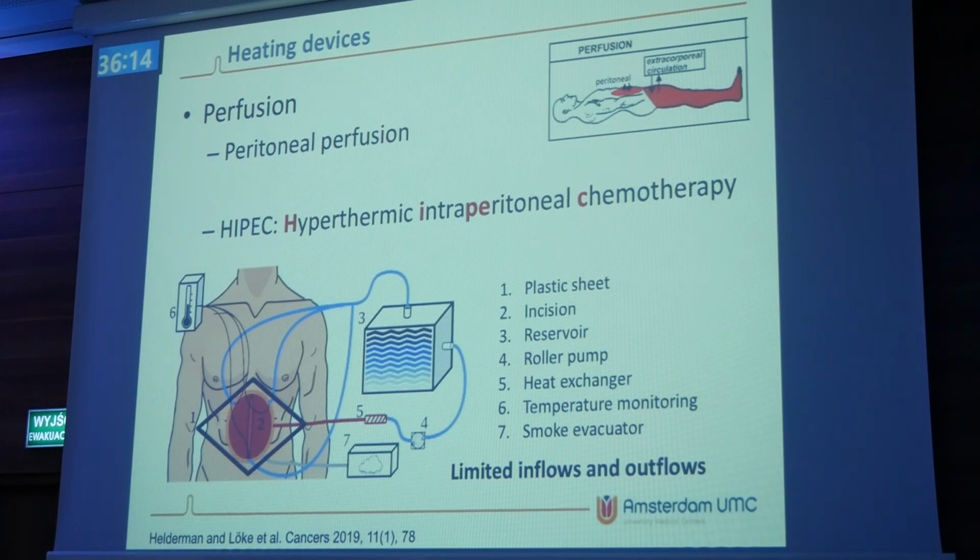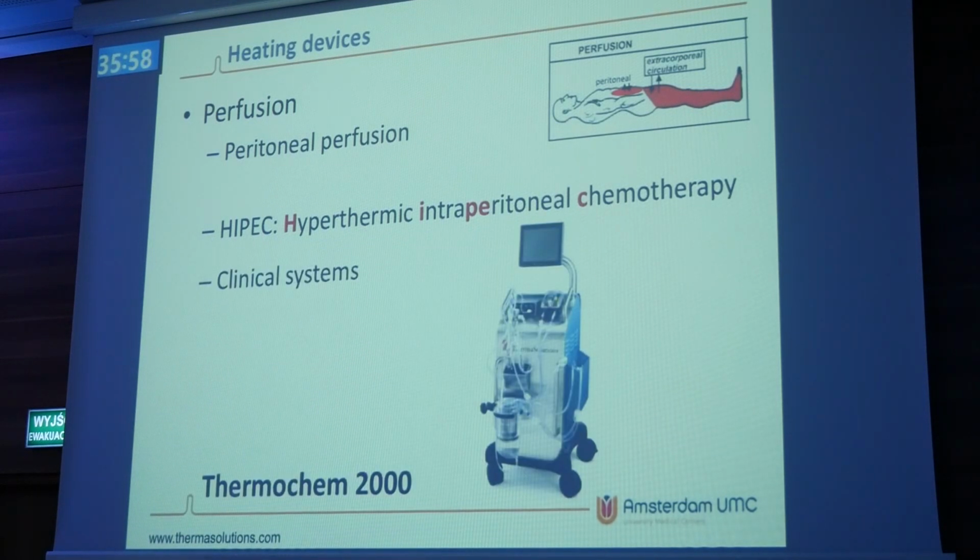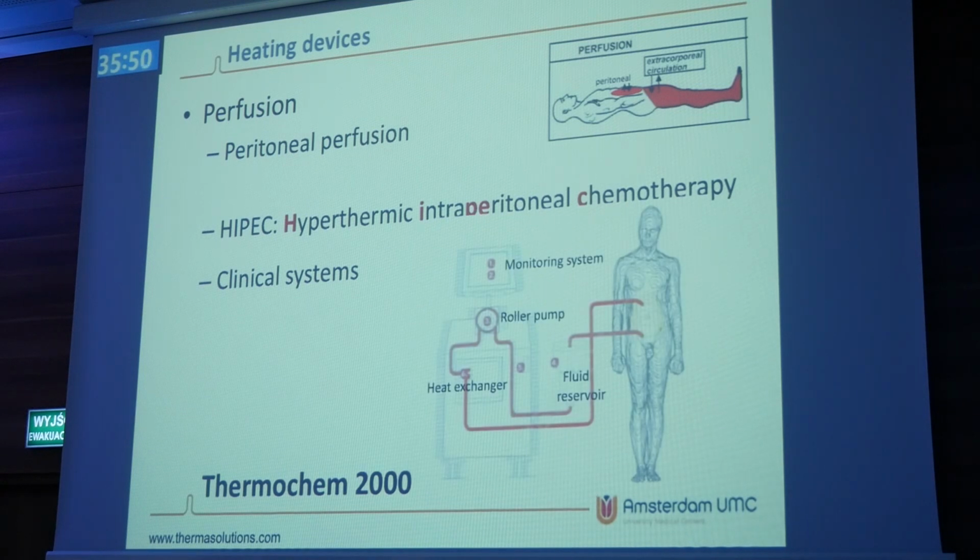So normally a limited number of temperature probes are within the cavity, but that is sufficient to actually monitor the distribution. And if we look at the systems available, there are a number of them currently in use, and some of the mainly used systems are shown here.